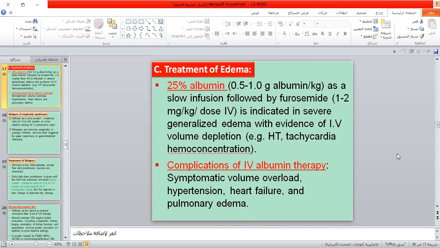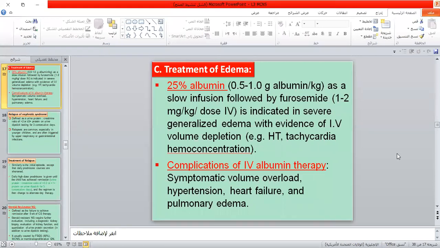Sometimes the patient does not respond to the furosemide. So we use albumin, intravenous albumin 25% at a dose of 0.5 to 1 gram albumin per kg as a slow infusion, followed by furosemide. What will the albumin do? It causes a transient increase in the plasma oncotic pressure, so it pulls fluid from the interstitial compartment to the intravascular compartment.